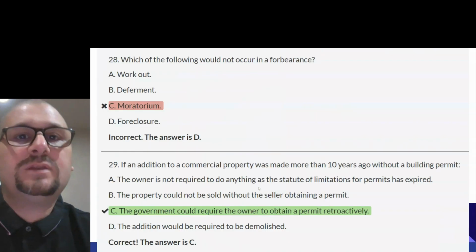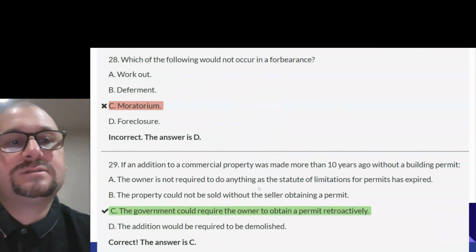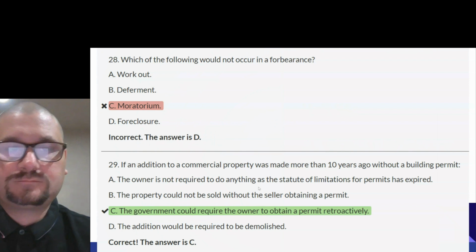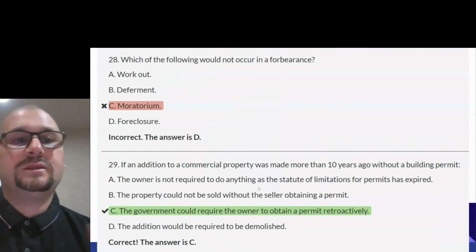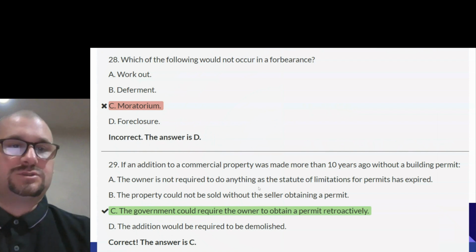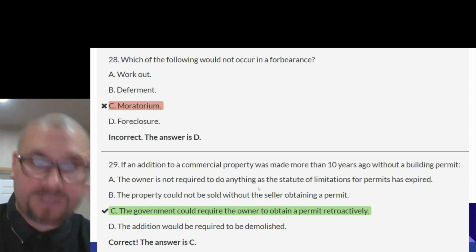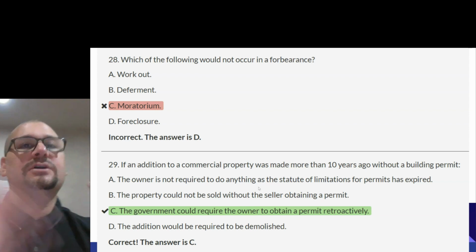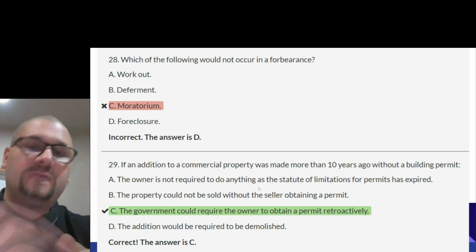Which of the following would not occur in a forbearance? It would be Delta, D, foreclosure. Foreclosure would not occur in a forbearance, because forbearance is you asking to delay your payments.